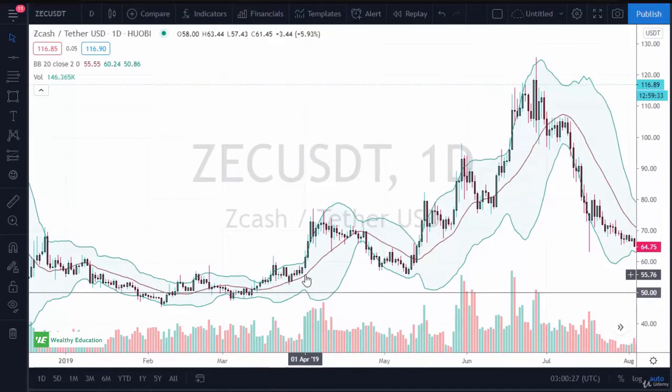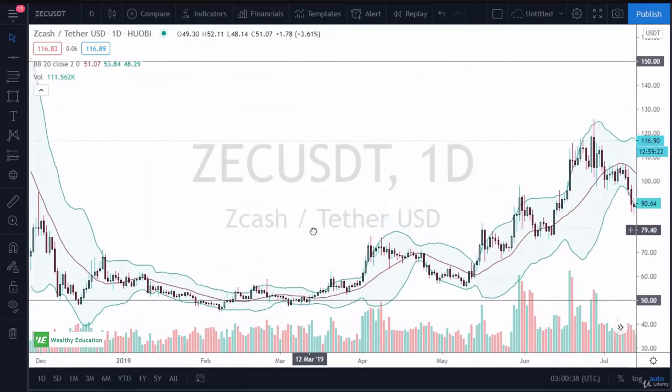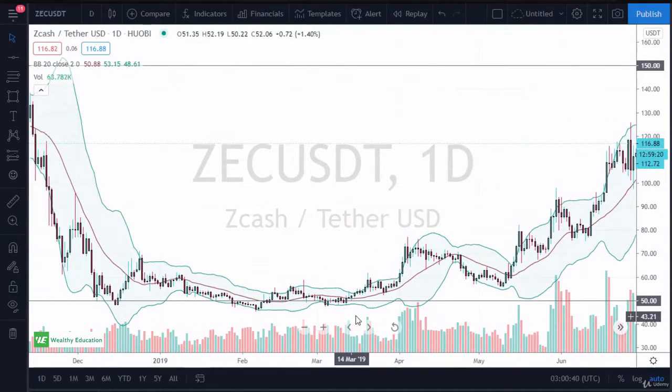This is another one of those sudden shots higher. Not really a squeeze, but definitely an expansion. Volume picks up. That's a good sign. This is basically dead for those who trade the Bollinger Band system.